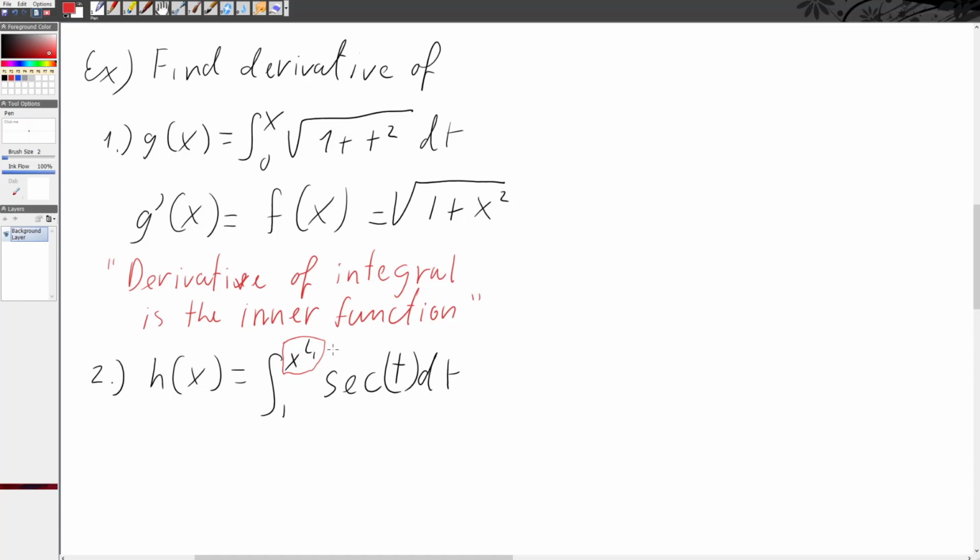It did not state what is going to happen when it's not just x, when it's x to the 4th, when it's e to the x, when it's some other function. So what we are going to do is some substitution. Meaning, instead of writing x to the 4th, replace that with a u and take the derivative with respect to u, and then take the derivative of u with respect to x.